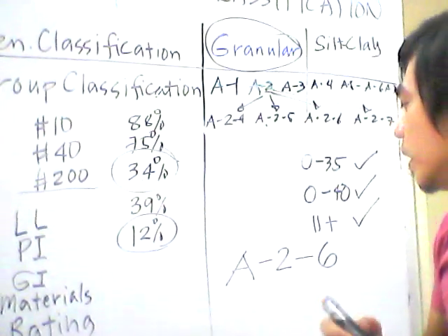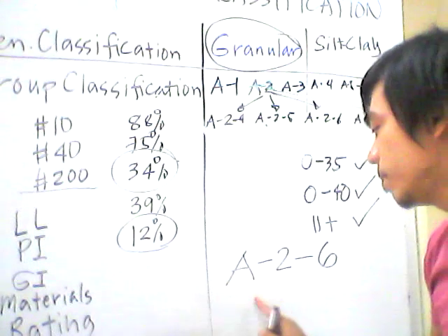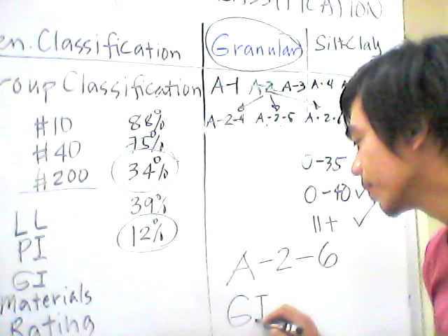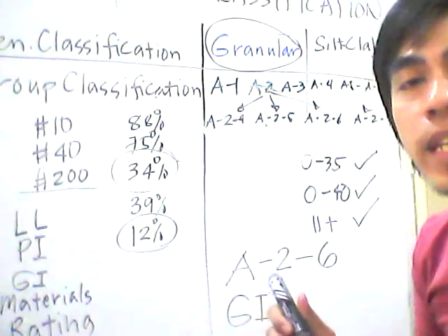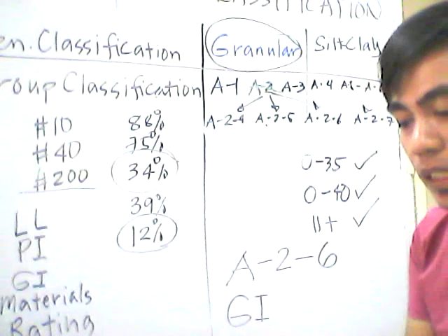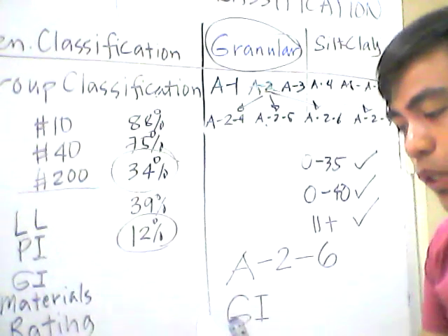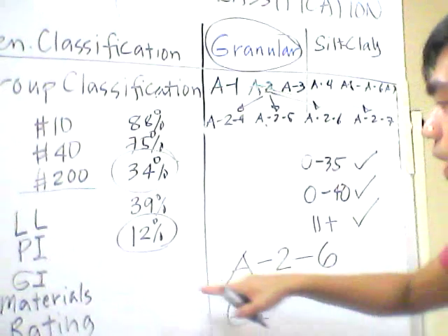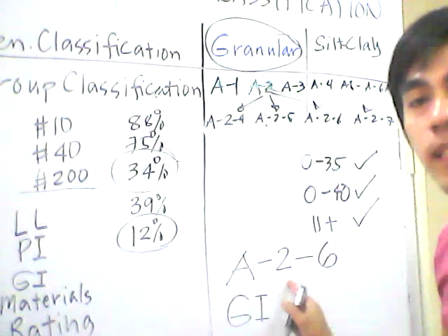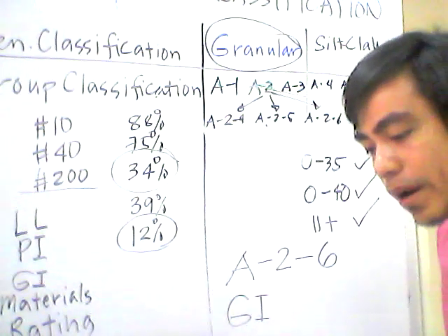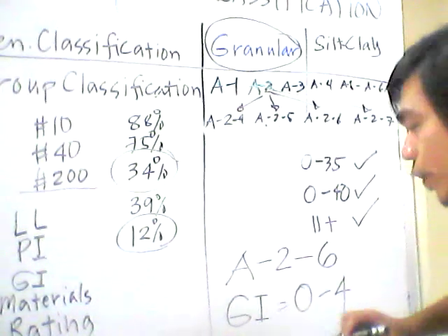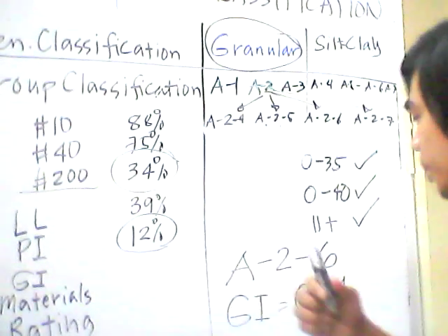Some textbooks give a formula for the group index. You can find it in the book of Soil Mechanics by Brahadas, but in our classification chart, usually it gives the value for the group index. In the case of A-2-6, our group index should be from 0 to 4. Okay?